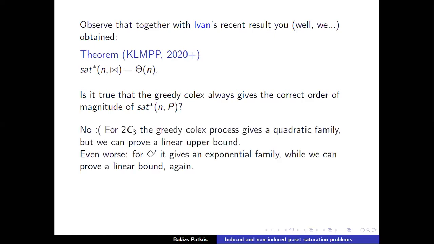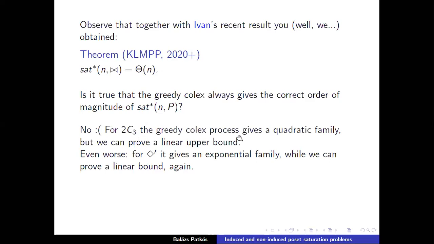We have counterexamples, unfortunately. So 2 times C3, where C3 is the chain of length 3. So 2C3 is just a pair of chains of length 3 that are incomparable to each other. The chain relations are the only relations there.